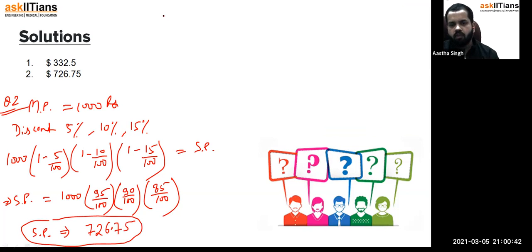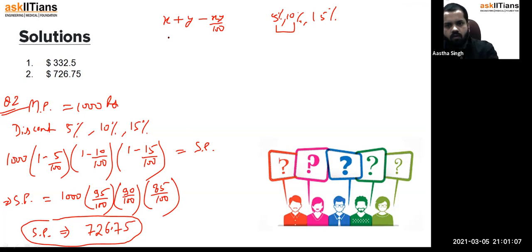Guys, you know the formula: if two discounts were given, then the final discount will be x plus y minus xy upon 100. But in this case, three discounts were given: 5%, 10%, and 15%. Just calculate the final discount of the first two.